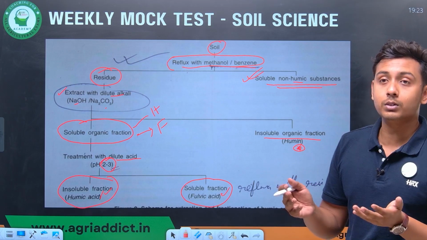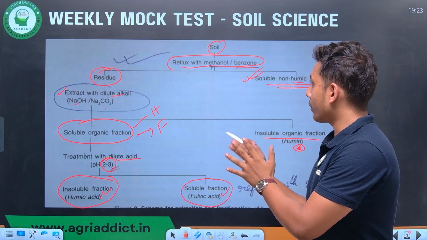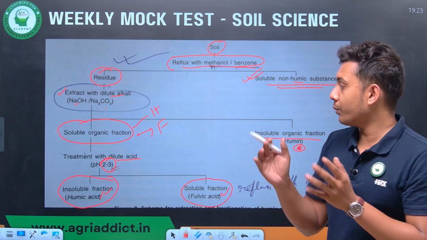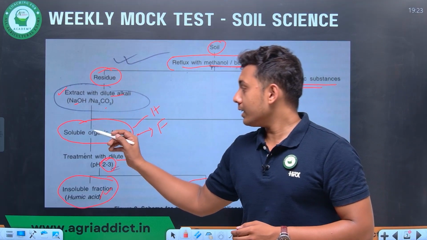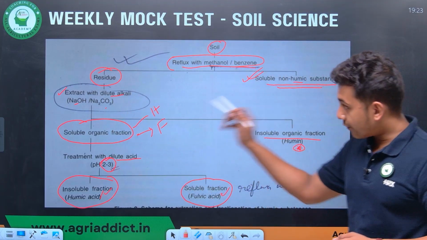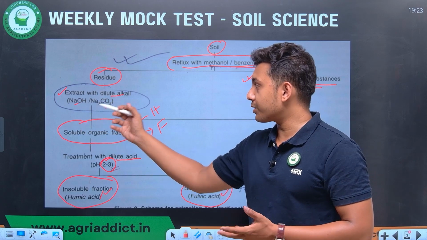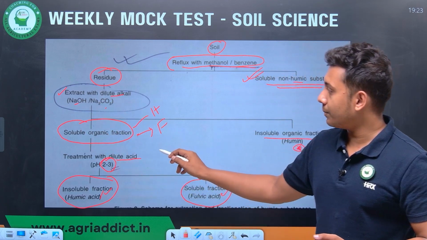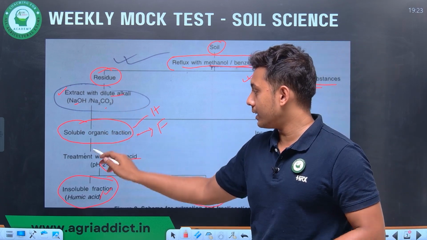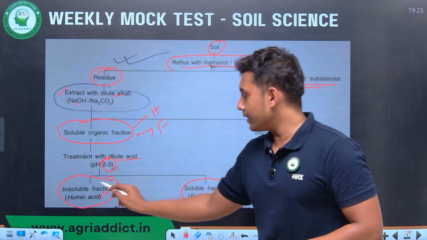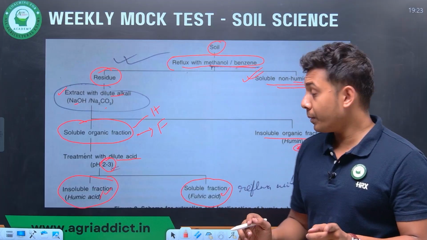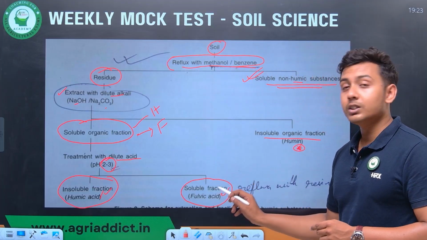If the question asks which fraction of organic matter does not dissolve in dilute alkali, that will be humin. After extraction of humic acid and fulvic acid with dilute alkali, treatment with dilute acid is done, and the insoluble part is humic acid and the soluble fraction is fulvic acid.